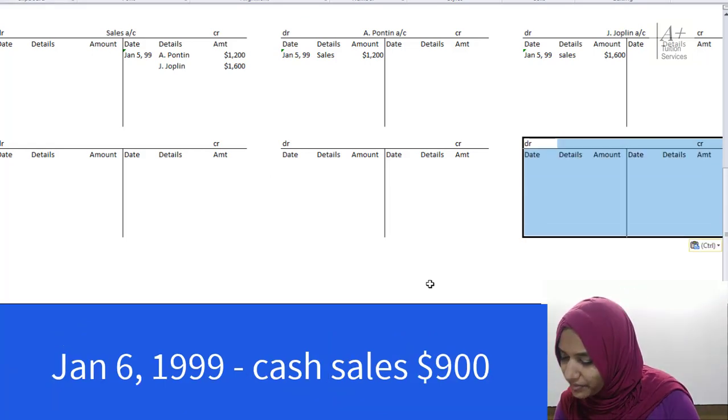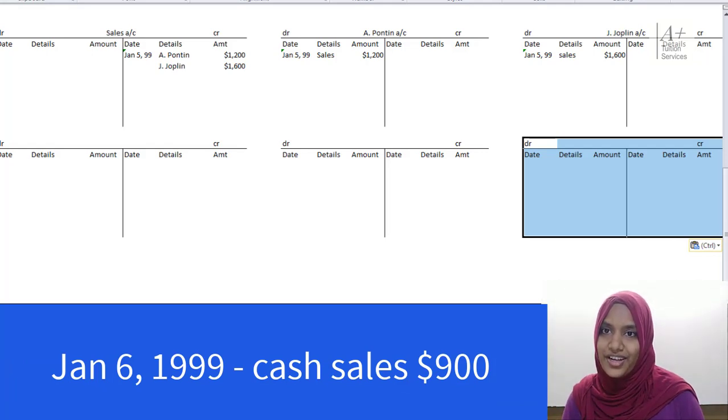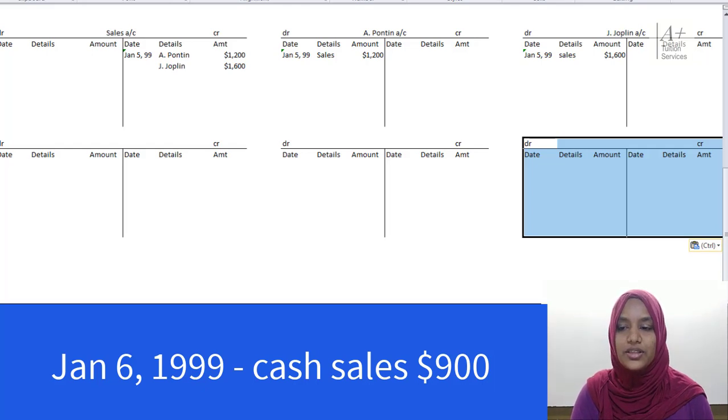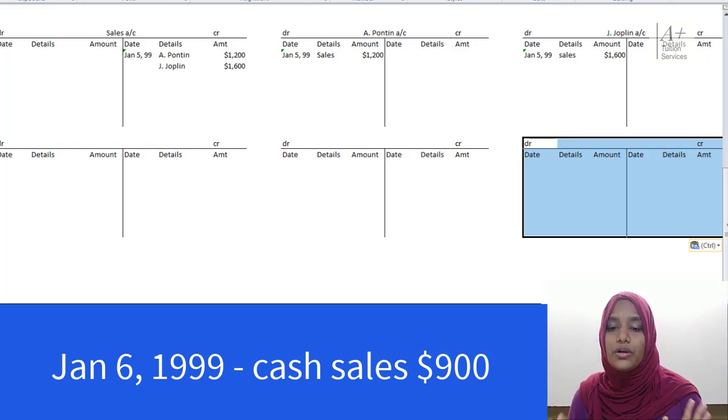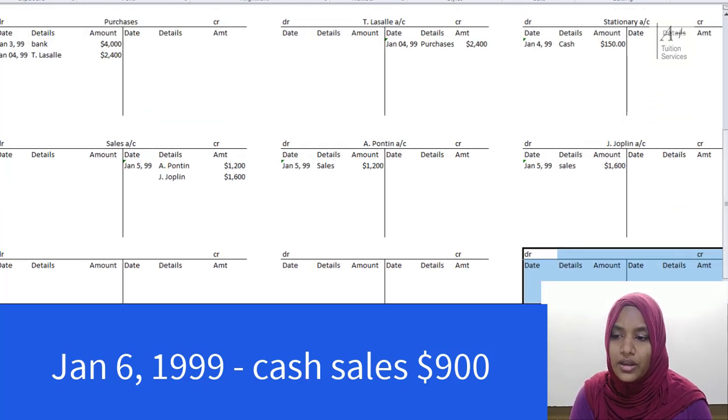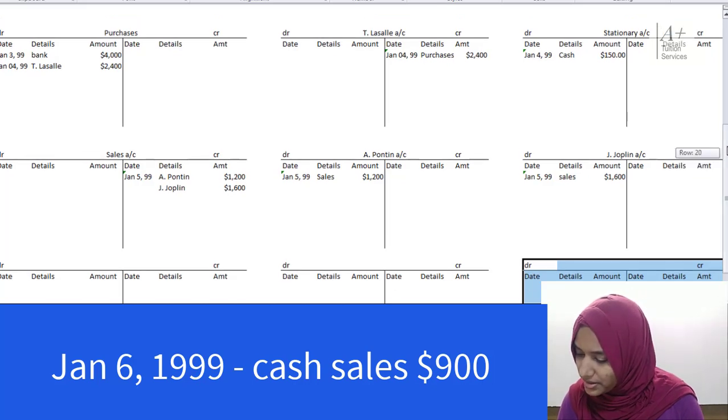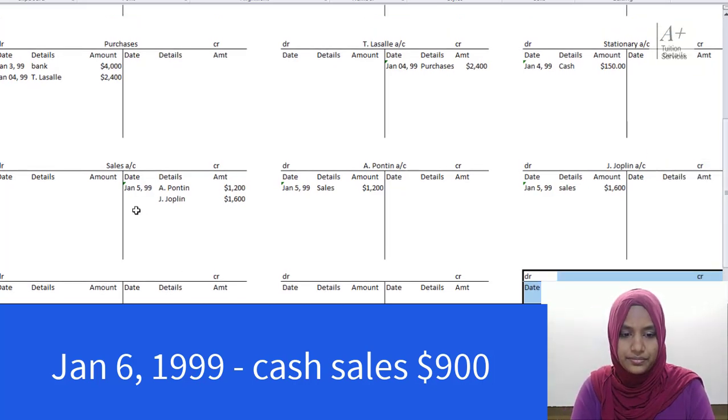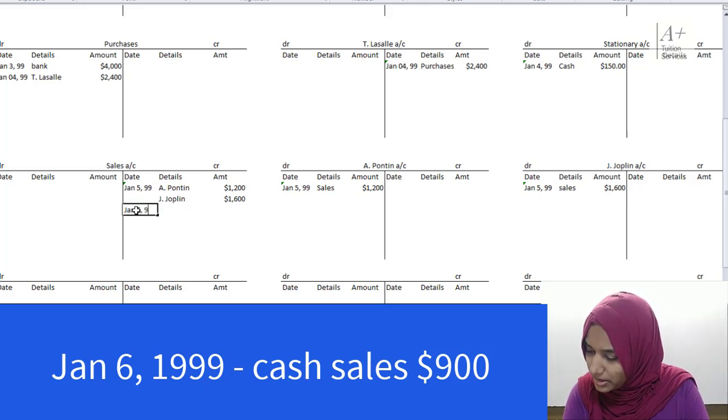The next one we have is cash sales of $900. So the 2 accounts we open in here is the sales account again and cash, but we already have those accounts open, so we're not going to open a new account. We're going to use what we have. And in the sales account again, it will be credited, so we can go ahead and say January 6th. We're going to go cash, and it is $900.